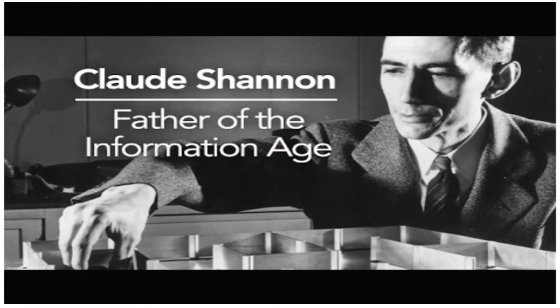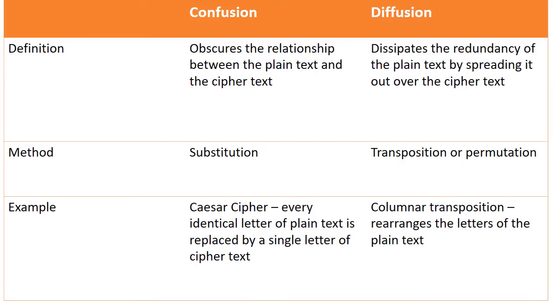The concept of confusion and diffusion in the encryption algorithm was introduced by Claude Shannon, a cryptographer known as the father of information theory. The confusion process in the encryption algorithm obscures the relationship between the plain text and the ciphertext.